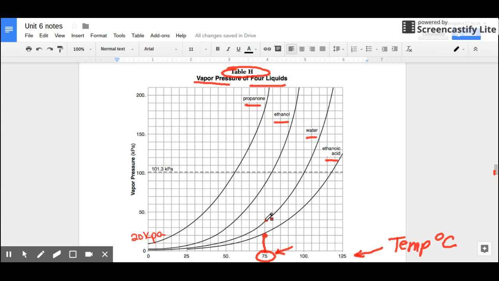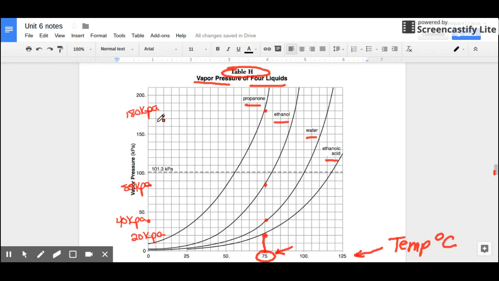Water has a vapor pressure of 40 kilopascals, so it's a little bit higher. If you go all the way up here, let's see, am I on the right one? Yeah, ethanol will have about 85 kilopascals. And if we follow it all the way up to propanone, propanone has about 180 kilopascals.